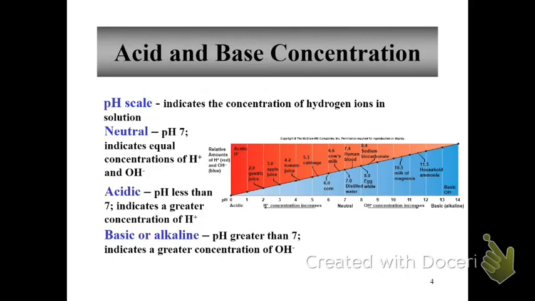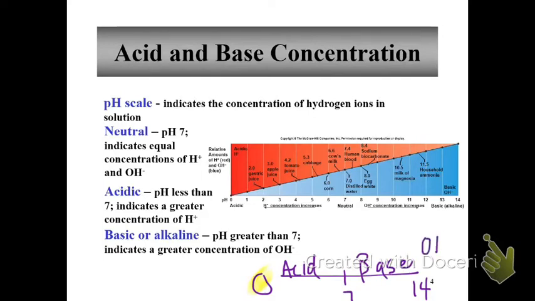Your pH scale, which you probably remember from some time in your life, goes from 0 to 14. 0 to 7 is acidic, 7 to 14 is base. From the last slide, anything with a base is going to release hydroxide ions, and anything that's an acid is going to release hydrogen ions.